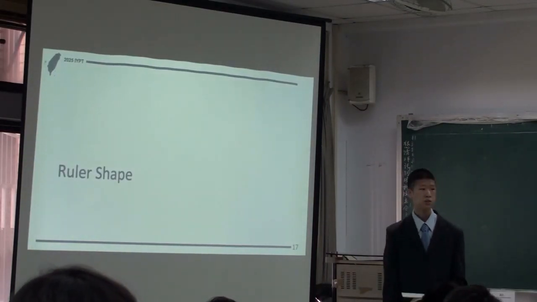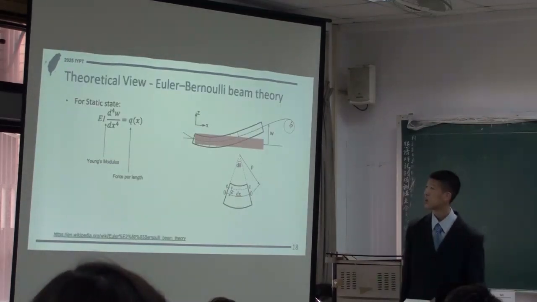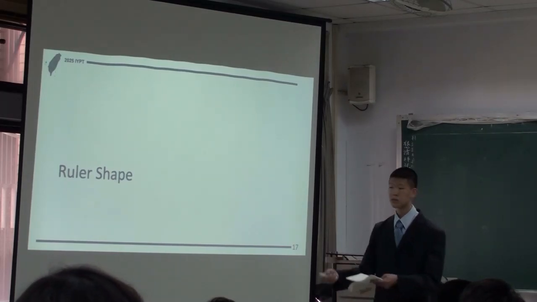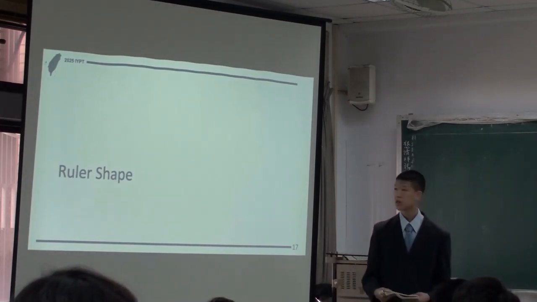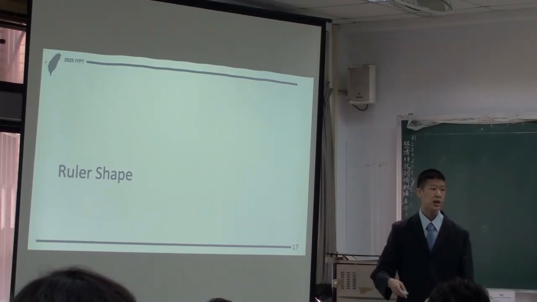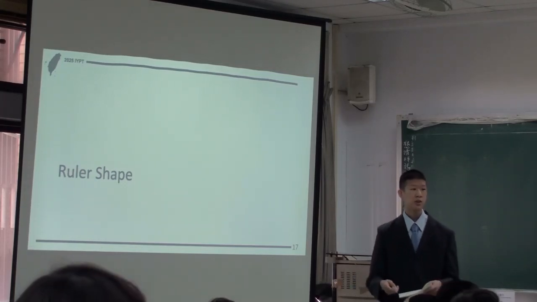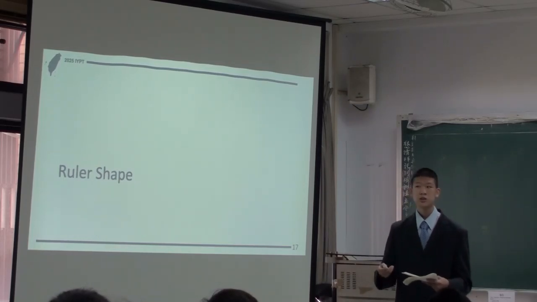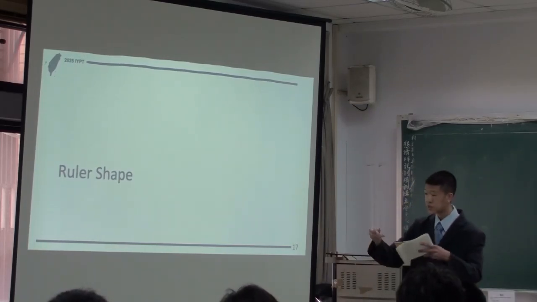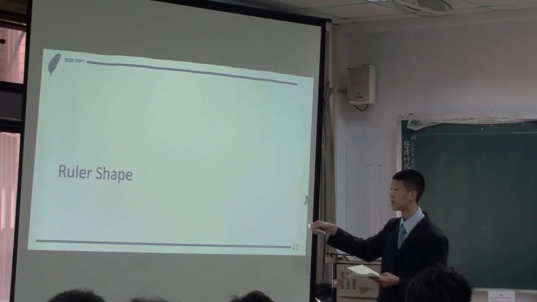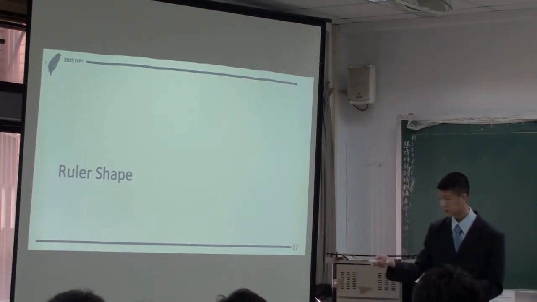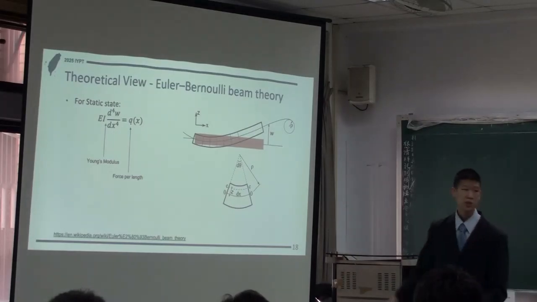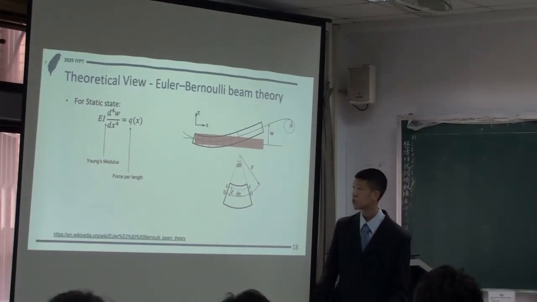And next is the ruler shape. Why are we going to solve the ruler shape? It is because we have to find the potential energy, and once we know the potential energy, we are going to know the physical mechanism of this. So for the ruler shape, we can use Euler-Bernoulli beam theory, which is like this.